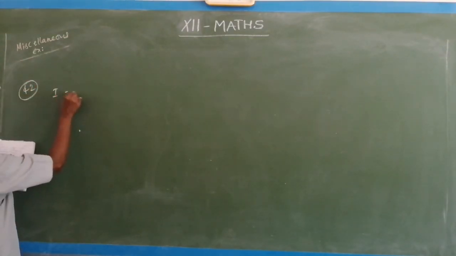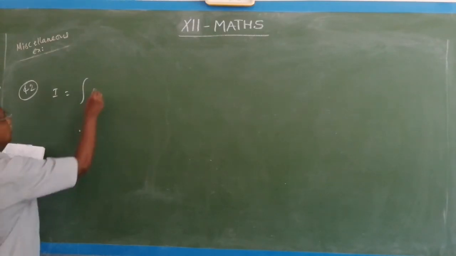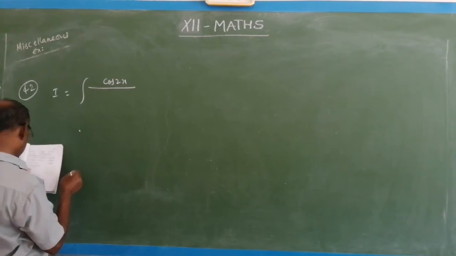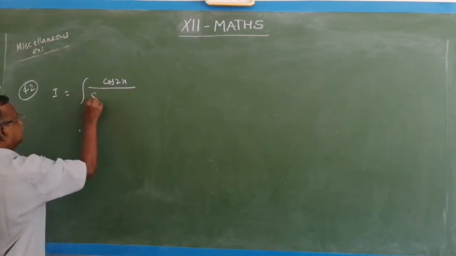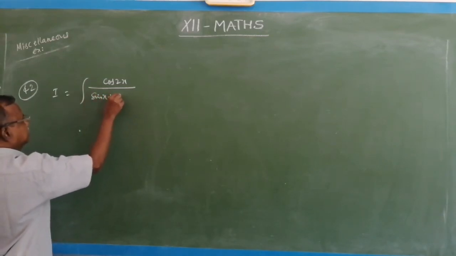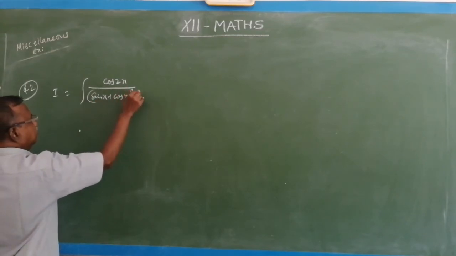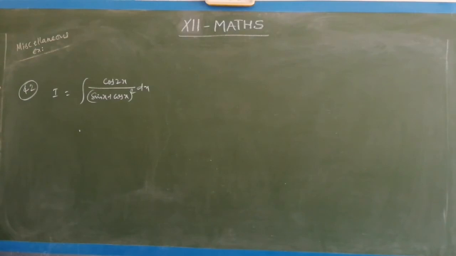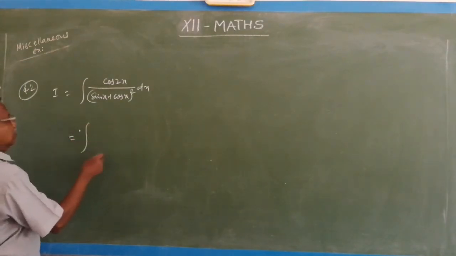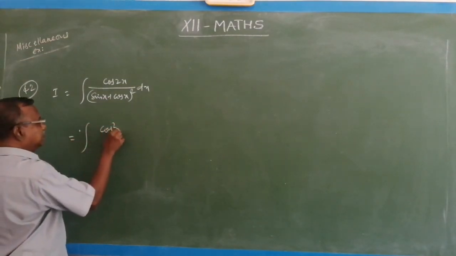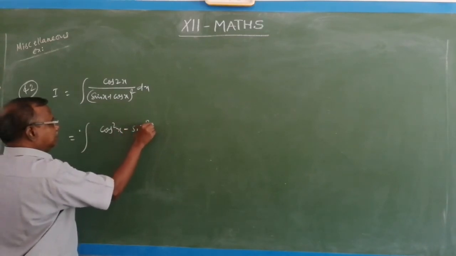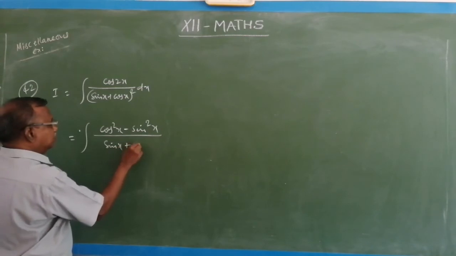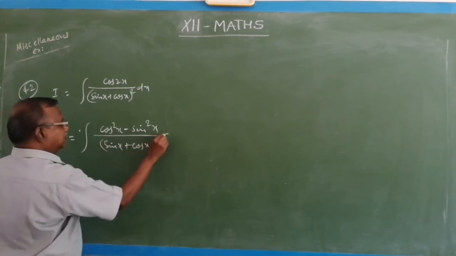Question number 42. I equal to integral cos 2x divided by sin x plus cos x the whole square into dx. The numerator cos 2x means cos square x minus sin square x, divided by sin x plus cos x the whole square into dx.